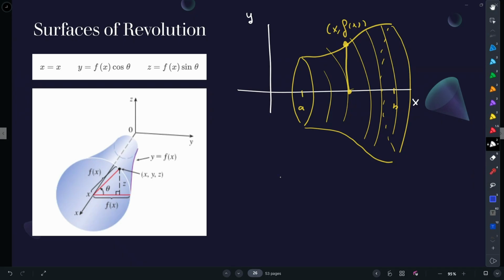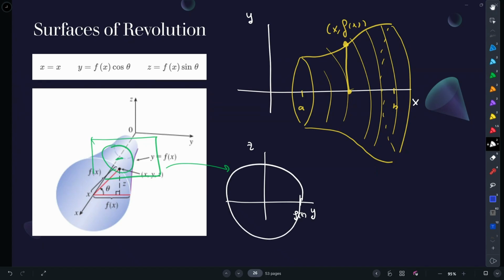In any of these cutoffs, if I fix a point here and cut it off, it is going to be a circle, and a circle like this is parameterized by f of x cosine theta, f of x sine theta.